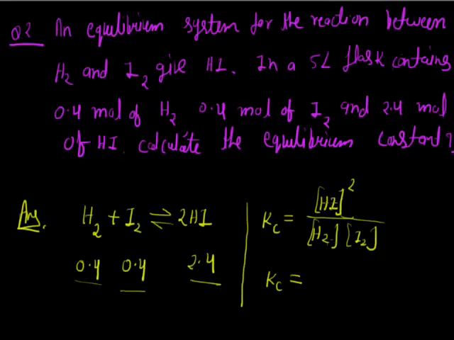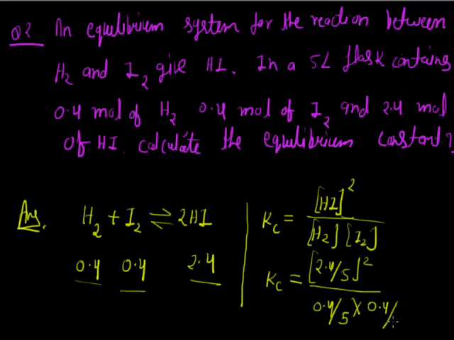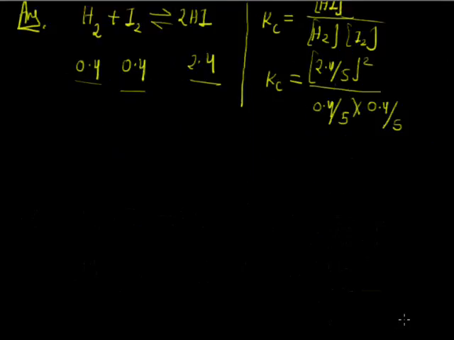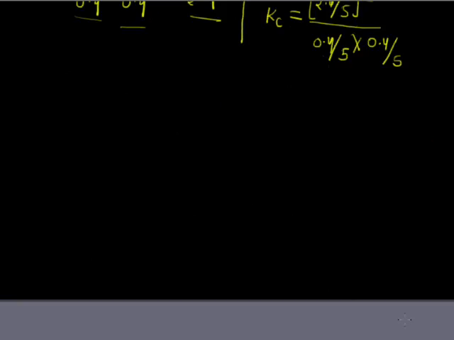So the concentration of HI becomes 2.4 upon 5, squared. Similarly, concentration of H2 becomes 0.4 divided by 5, into concentration of I2, the same, 0.4 divided by 5. By solving this equation, we get Kc equals 36. So the equilibrium constant Kc for this reaction is 36.